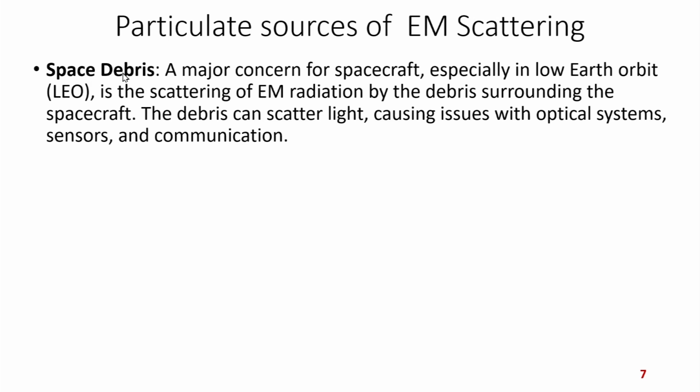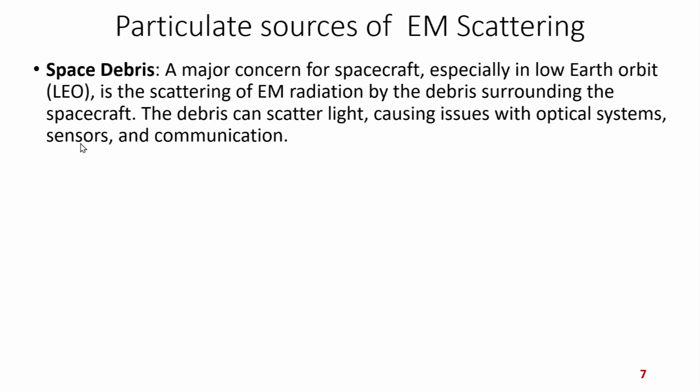Already I said that one is space debris. A major concern for spacecraft, especially in low Earth orbit, is the scattering of EM radiation by the debris surrounding the spacecraft. The debris can scatter light, causing issues with the optical system, which we have already seen.